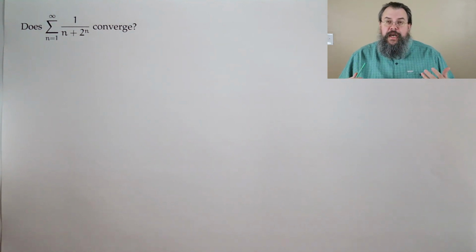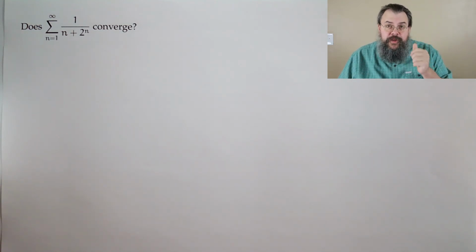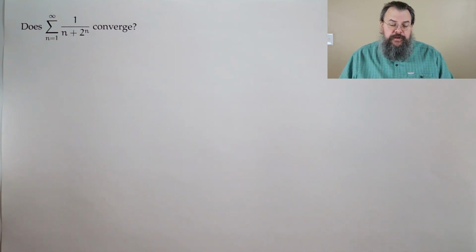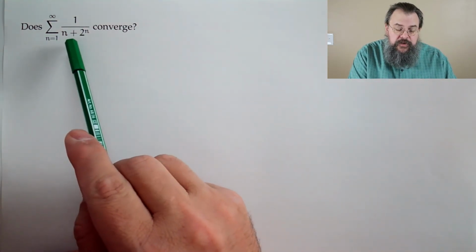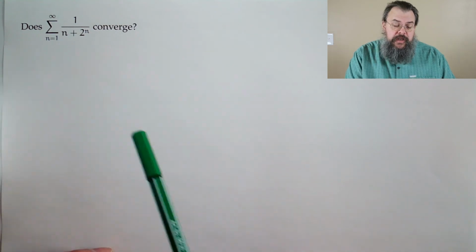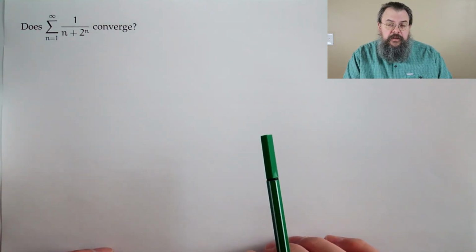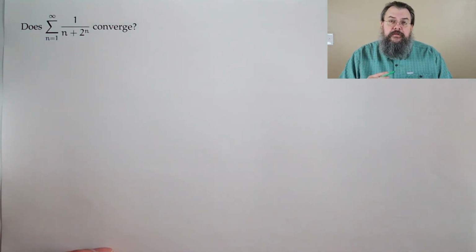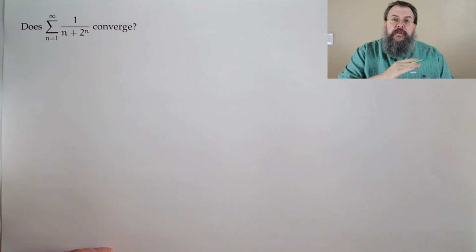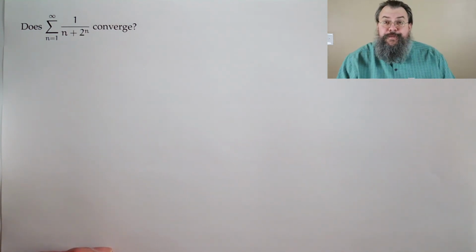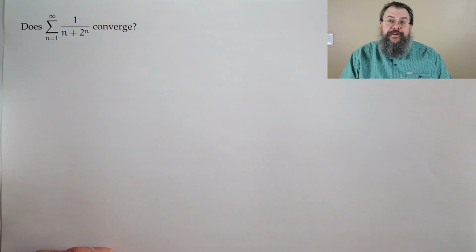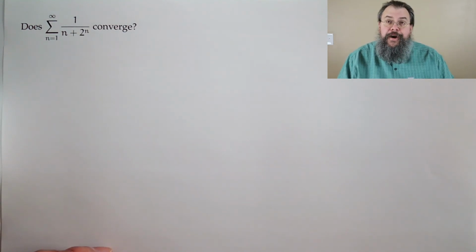Well, what we do is we look at it and say, hey, I see pluses. So let's think about what's the dominant term. n versus 2 to the n. And when we look at this, we say, well, n, okay, that grows, sure. But 2 to the n, whoosh, exponential. Yeah, 2 to the n is going to win the race by a mile.